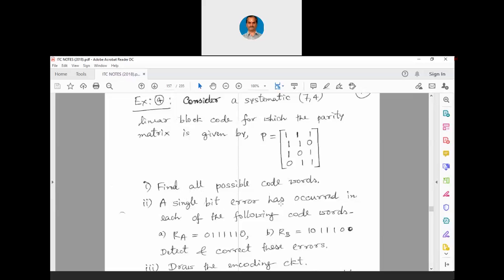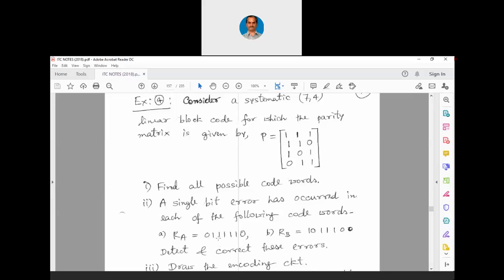Next part is a single bit error has occurred in each of the following code words. Means let us say we have CA, CB, CC, CD, like that we will have 16 code words. Now he says RA, this is the received code word at the receiver, and RB is the received code word.